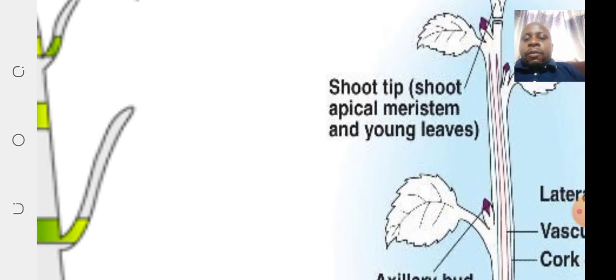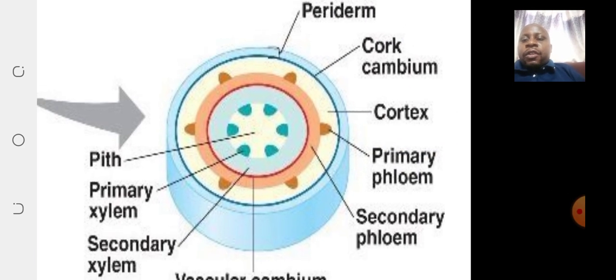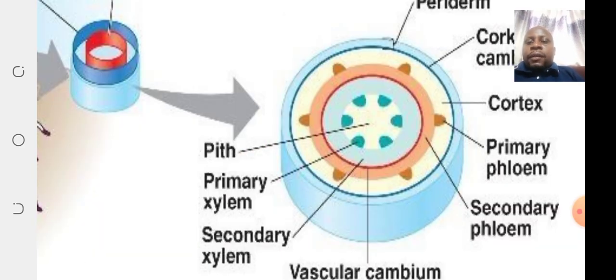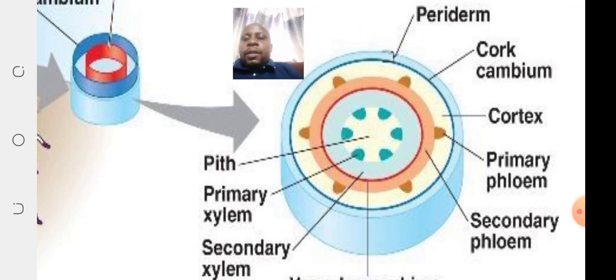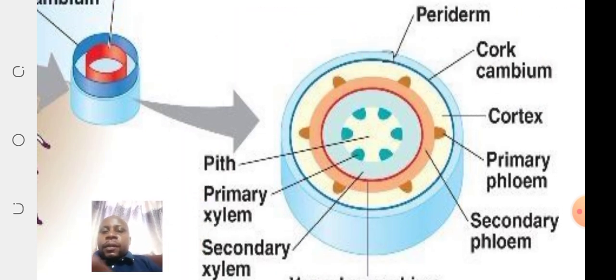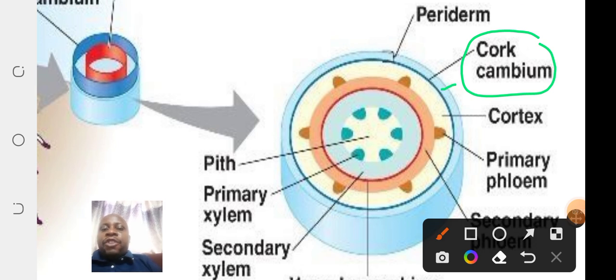let us have a look at this particular diagram, which clearly shows what the cambium in the stem looks like. We have said that the cambium towards the outer is called cork cambium. The cork cambium is responsible for the formation of new bark when secondary growth occurs.